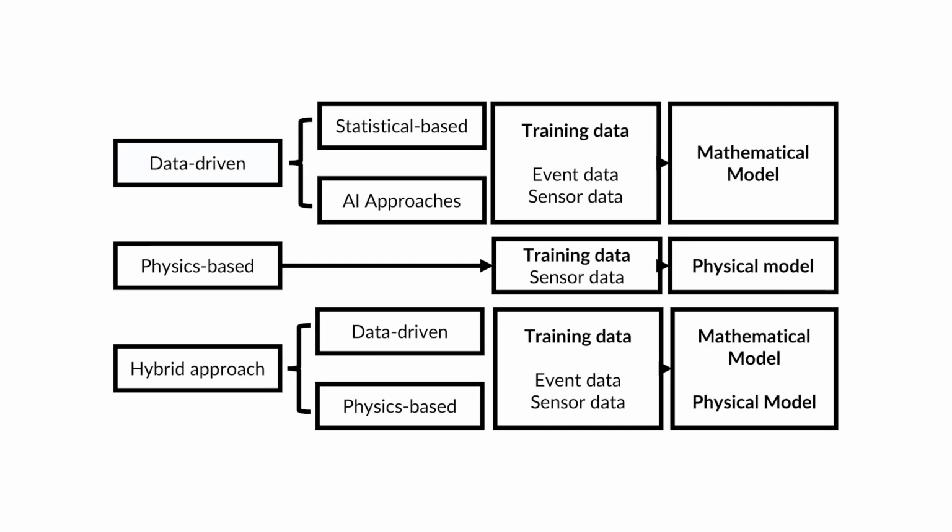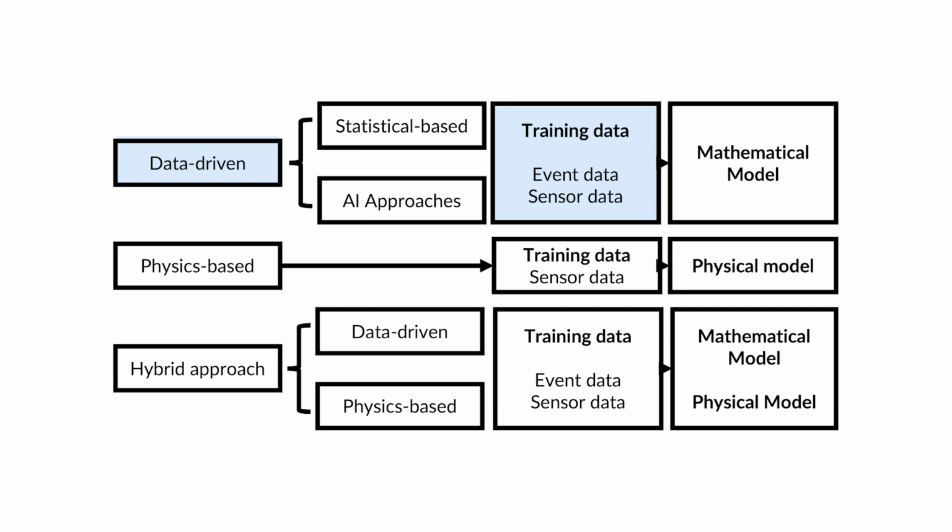Starting with the data-driven models, we have two possible sub-approaches. We can be based on statistics, or we can be based on artificial intelligence techniques, such as, for instance, neural networks or random forests, and so on. The training data that we use to create a data-driven model is based on failure event data, so we need to know when the systems in the past failed.